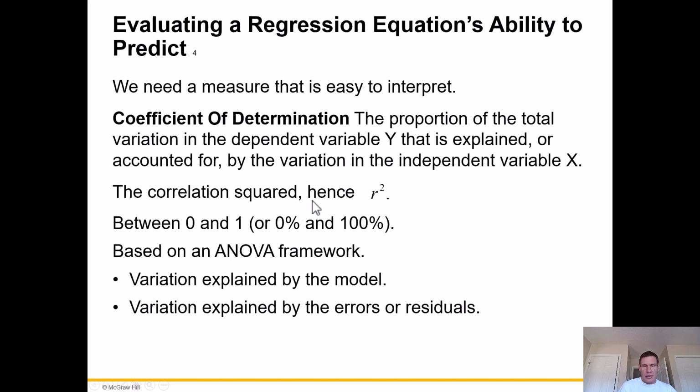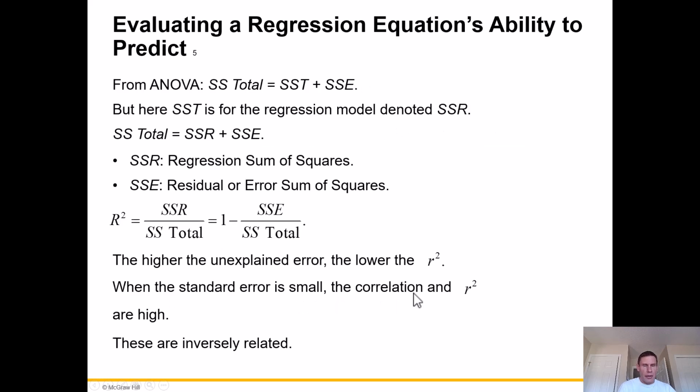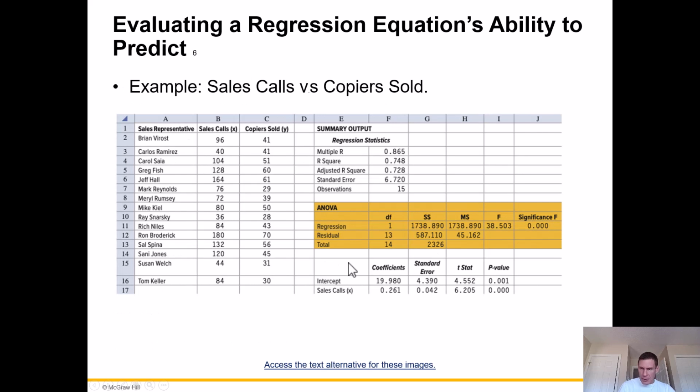The correlation squared is, of course, r squared. It's always going to be between 0 and 1, from 0 to 100%. And it is, of course, based on an ANOVA, analysis of variance, framework, right? So we can skip past this one. Yeah, here we go. I want to make sure we see this. You can see here we've got the r squared, 0.748.